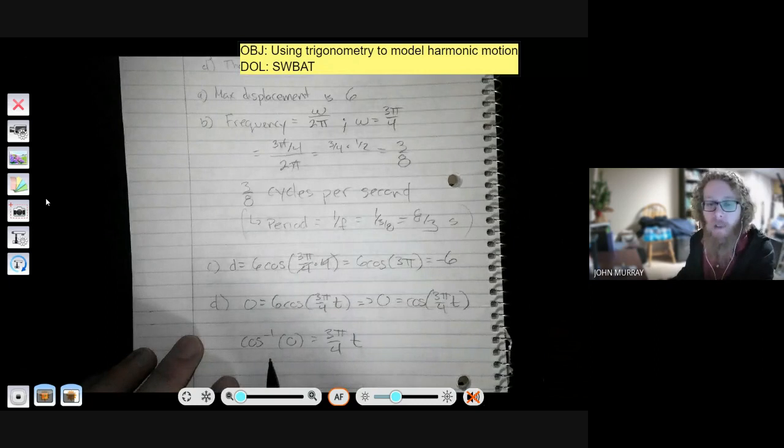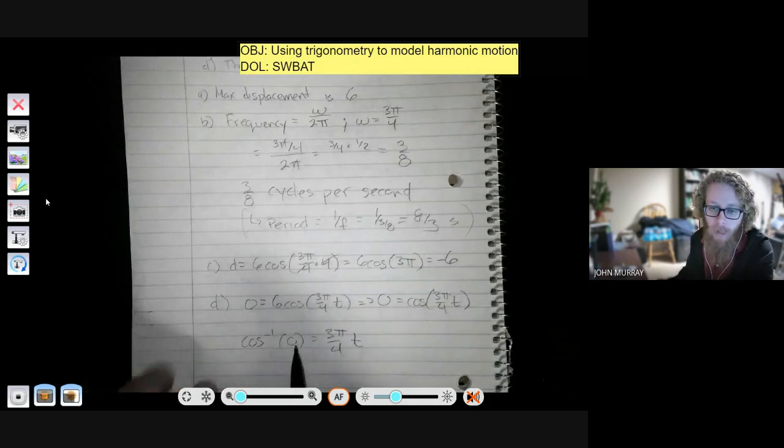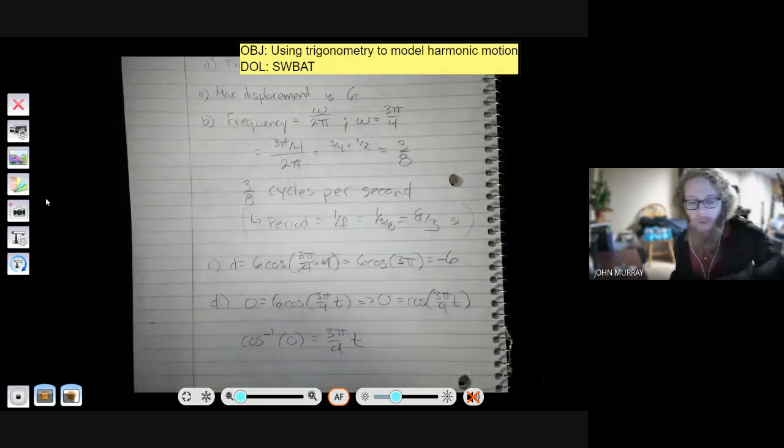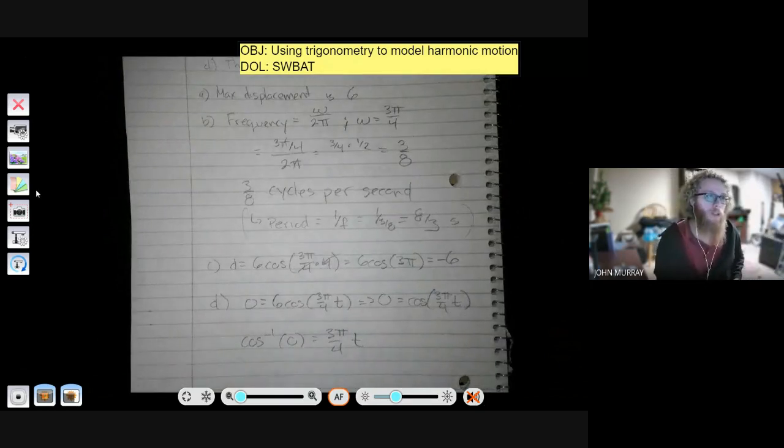Now this is going to give us a lot of answers. There's a lot of instances where the cosine of some angle gets us 0. Right? So we're looking for all the x-intercepts of cosine equals 0.